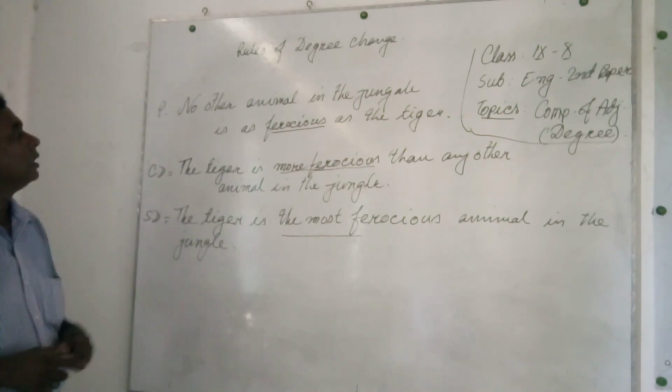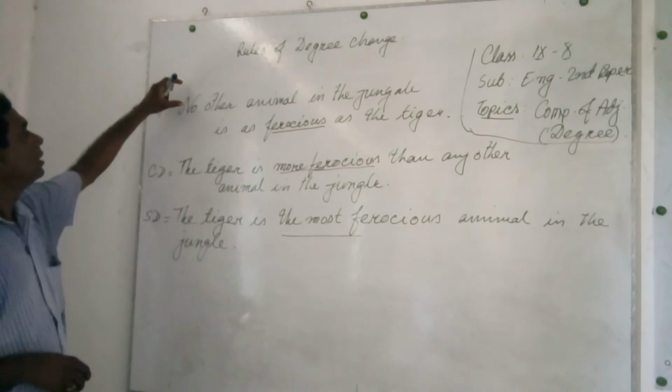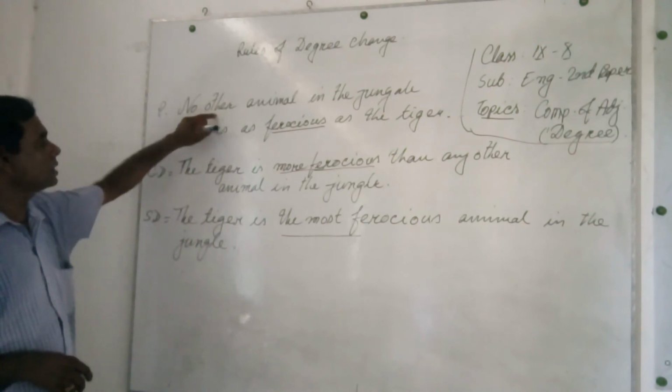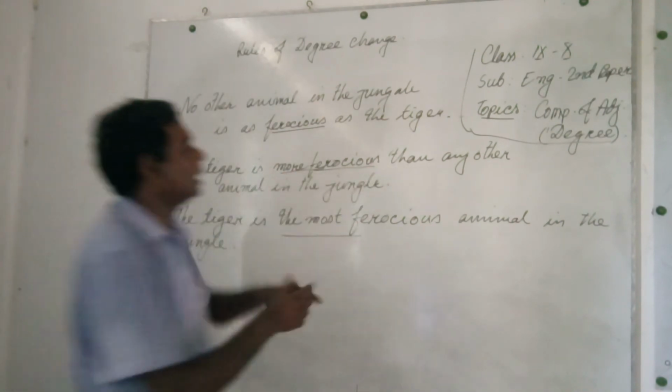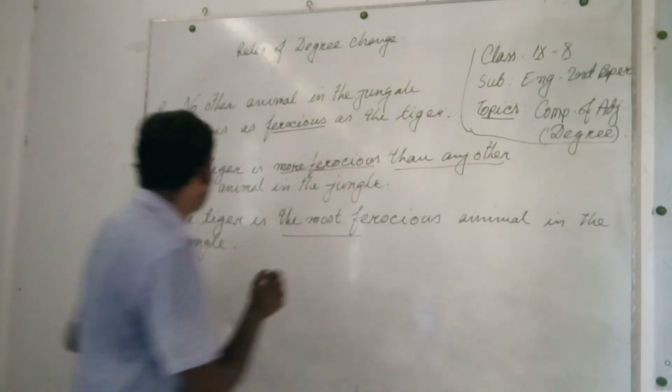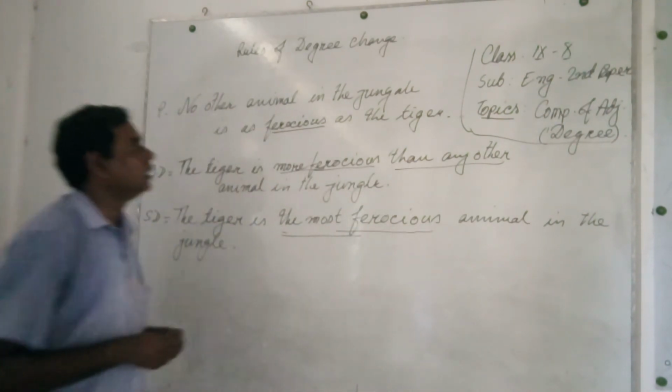Hope you clearly understand using no other in the positive, than any other in the comparative degree, and the plus superlative degree in the sentences.